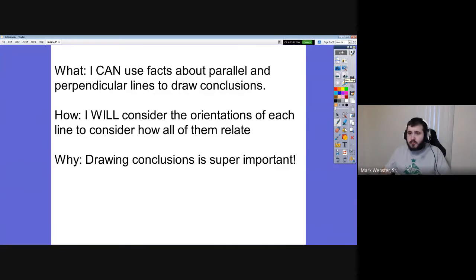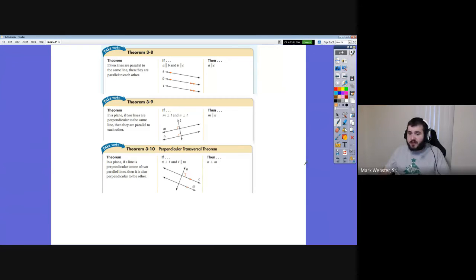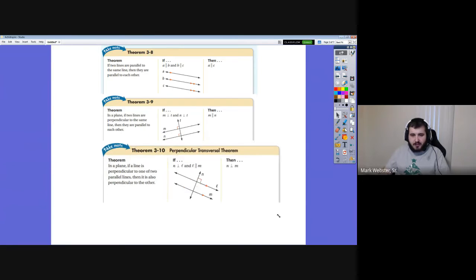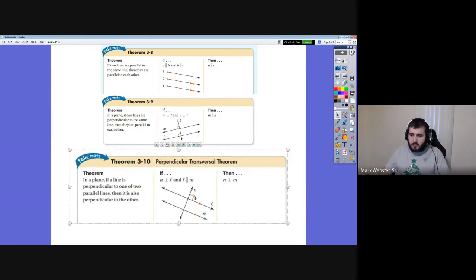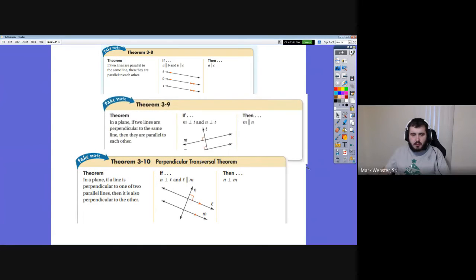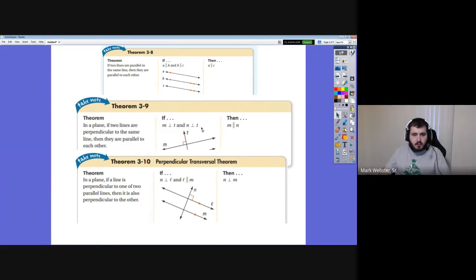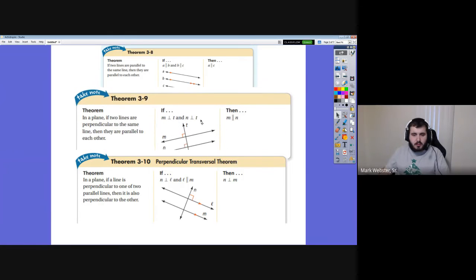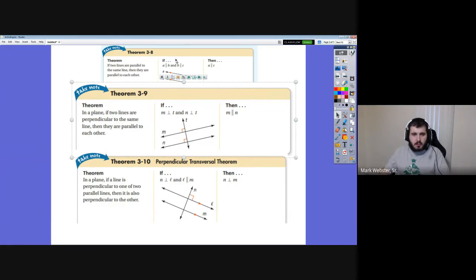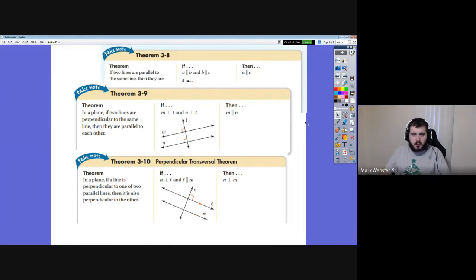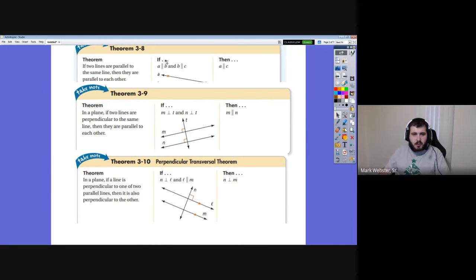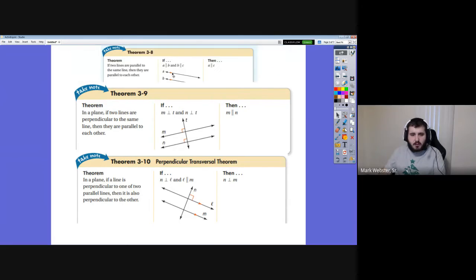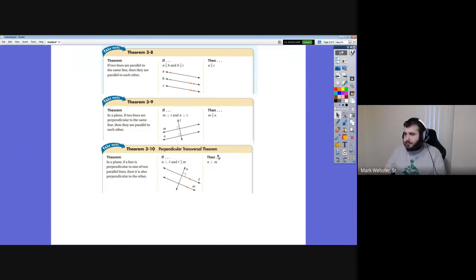So let's talk about the stuff that's going to be coming up here with the perpendicular. Let me make these bigger for us, just so that they're easier to see. Is this going to be too big? It's probably going to be too big. Yeah, look what I've done. Oh well. I tried.